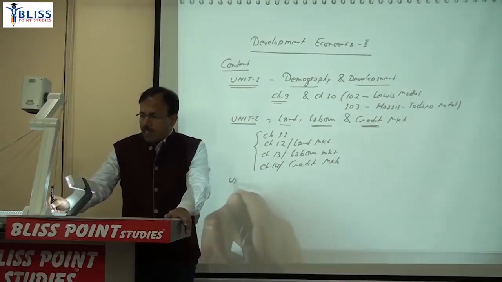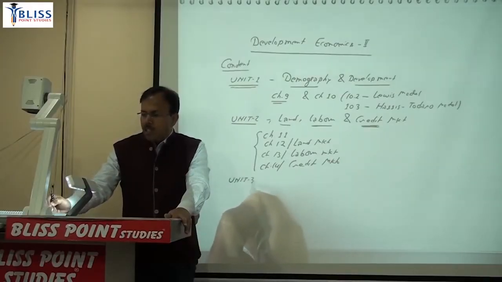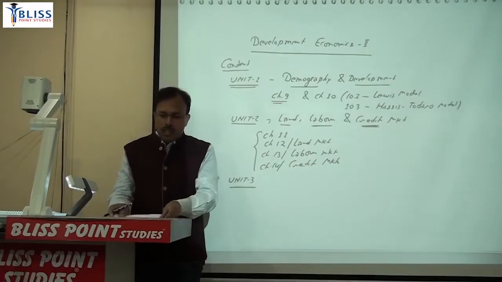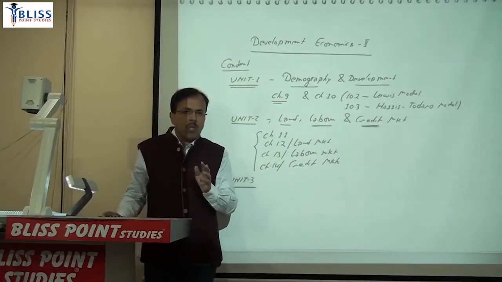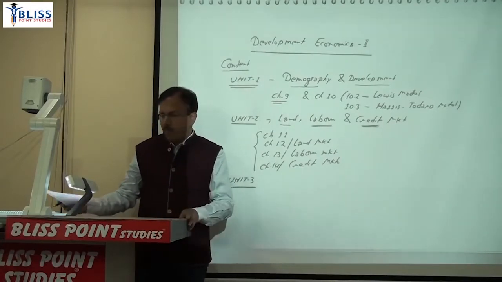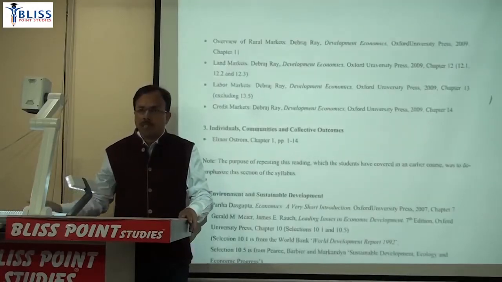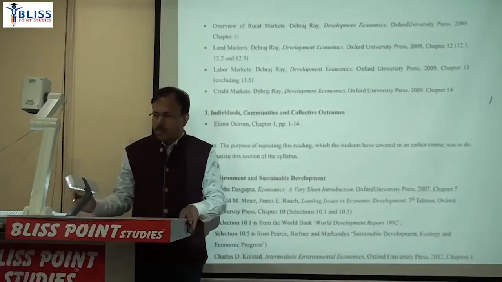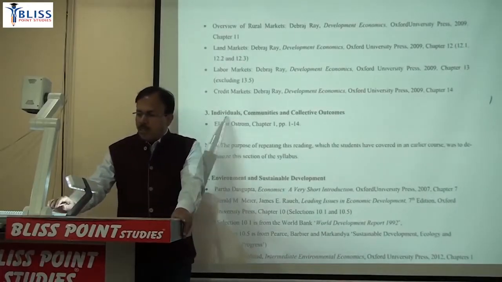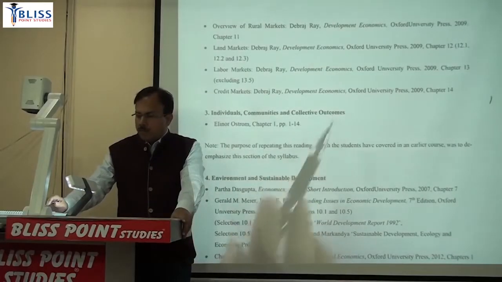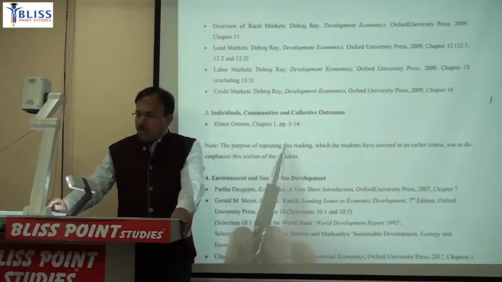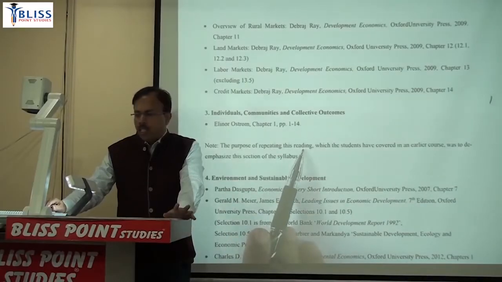And remember, what is written in syllabus as unit number 3, you have to ignore that, because you have already done it in semester number 5. I will see this unit when you go with the syllabus, what is printed and what is available on the D School site. Third unit says individuals, communities and collective outcome. But the purpose of repeating this reading, that means you have already done it.